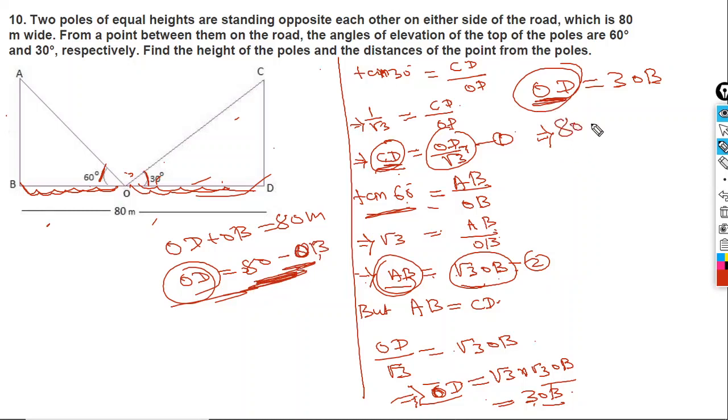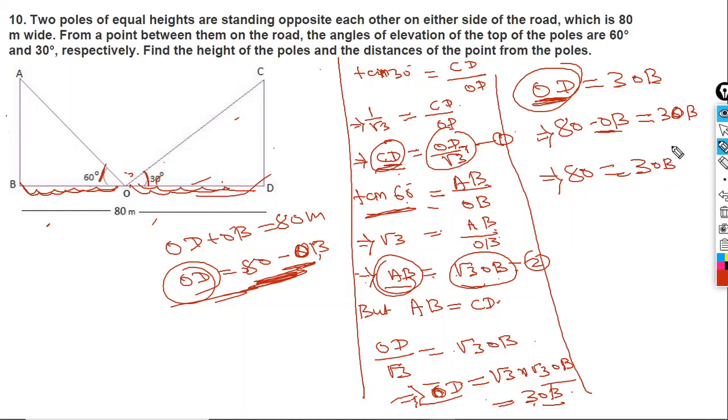So 80 minus OB is equal to 3 OB, implies 80 equal to 3 OB, this minus OB will be transferred to RHS, plus OB, implies 80 equal to 4 OB, implies 80 divided by 4 equal to OB, implies 20 equal to OB.